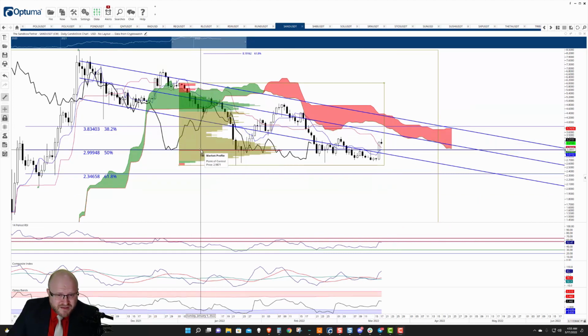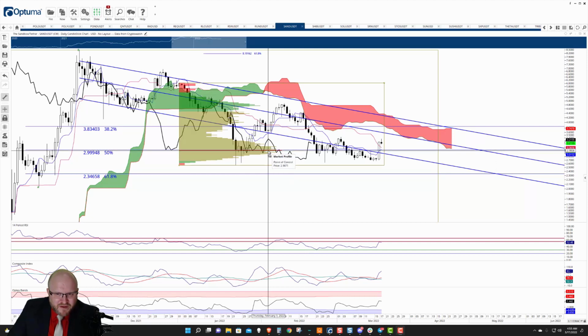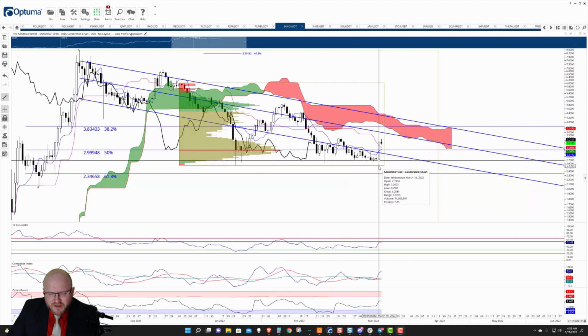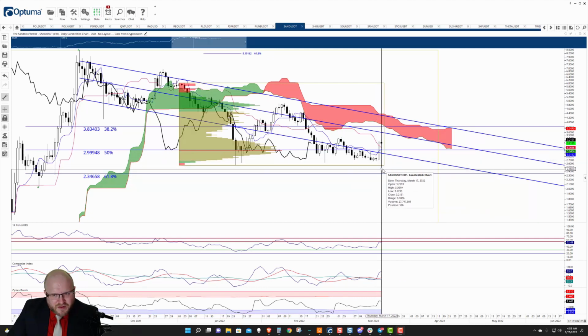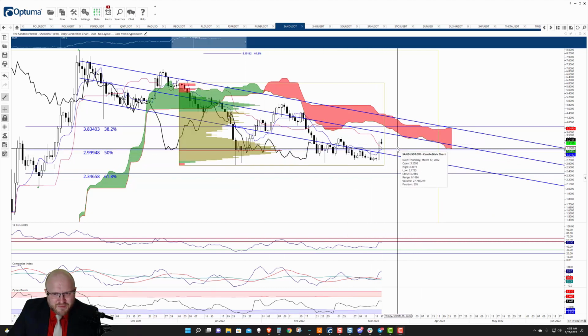There was a 6th level of importance. It was the 2022 volume point of control. A retest of $3, I would be surprised if that failed to hold. It may breach down lower. You may get some crazy weekend volatility that pushes it below $3. But if it spends any time really below $3, I'd be surprised.